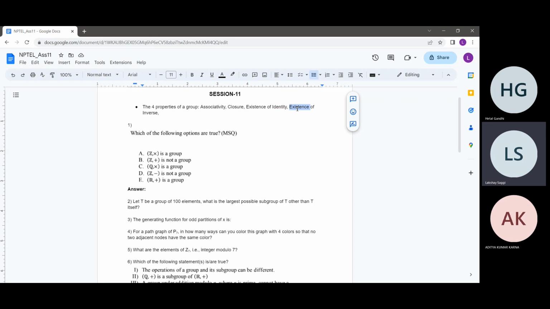And similarly, what is inverse? The group should also have existence of inverse. Inverse means that for every element A, there should exist an element A prime such that, let's say the operation is plus, A plus A prime should give me identity.